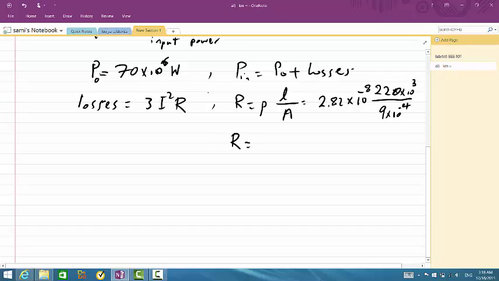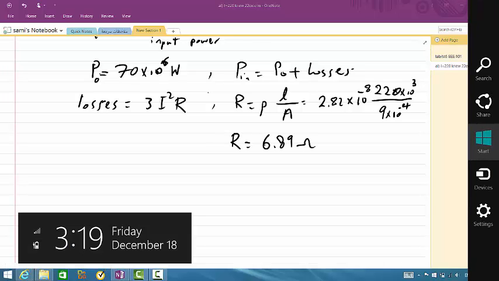So the resistance will equal about 6.89 ohms.